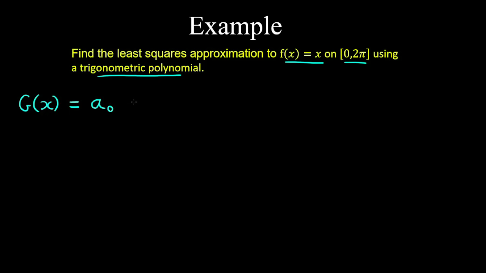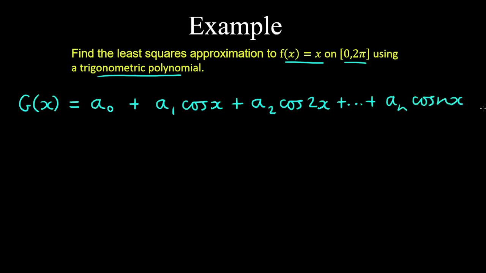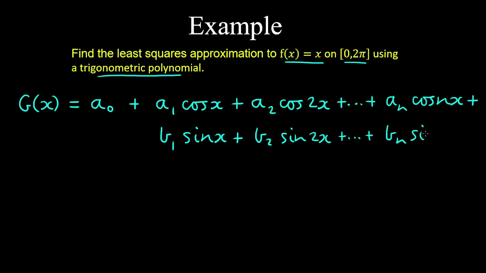So we had a0 plus a1 by cosine x plus a2 by cosine 2x and so on to an cosine nx, and the next term is the coefficient b1 by sine x plus b2 by sine 2x and so on up to bn sine nx.